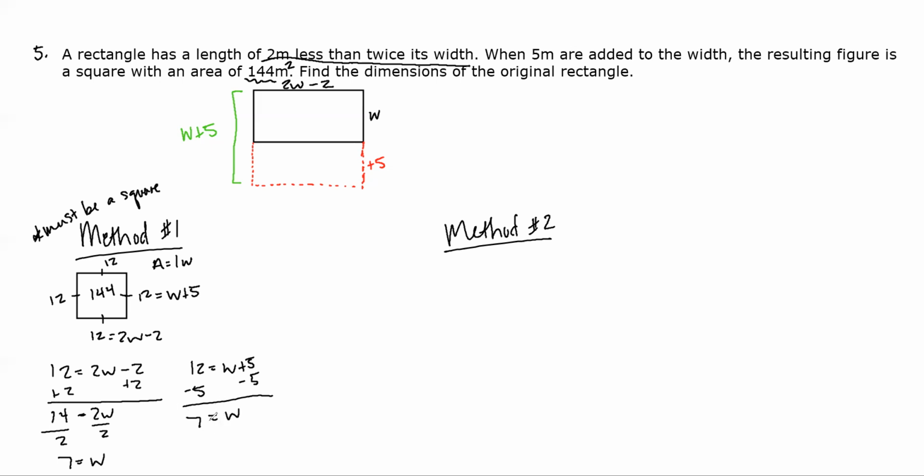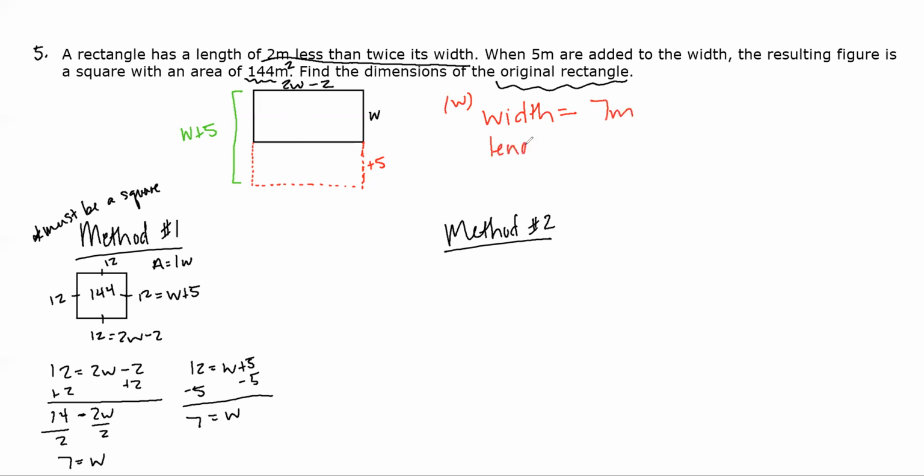And now if we look for the dimensions of the original rectangle, so back to this guy right here, the width was W. So the width, I'll put this up here, is, and this was W. W is 7, so it's 7 meters.